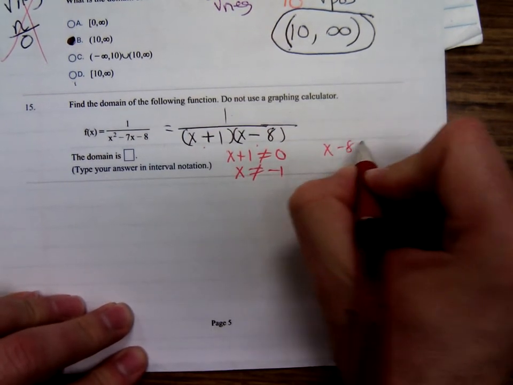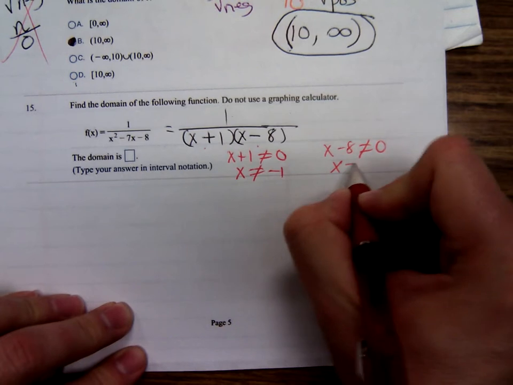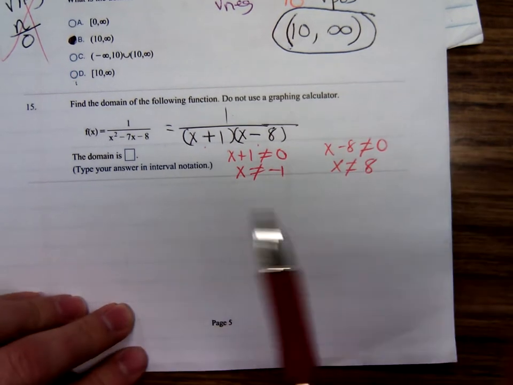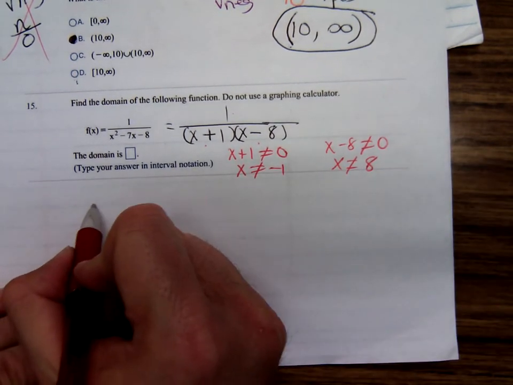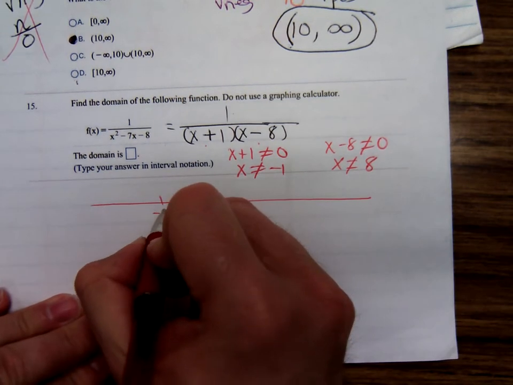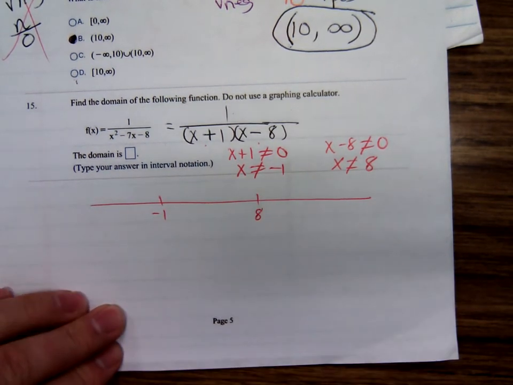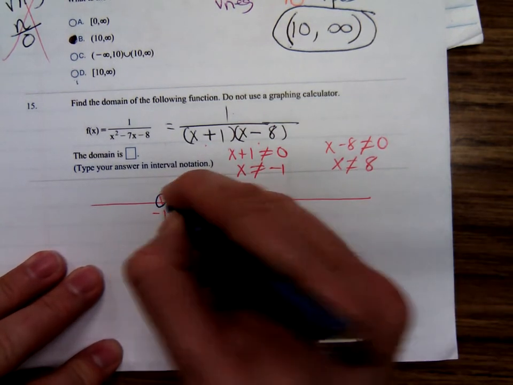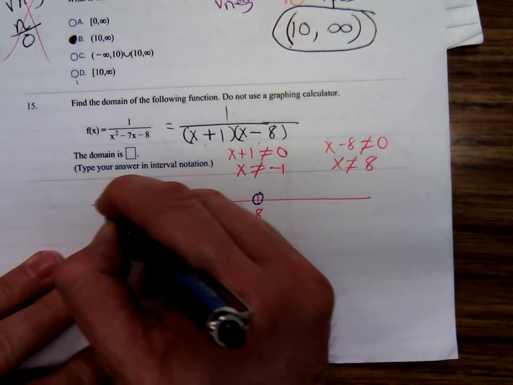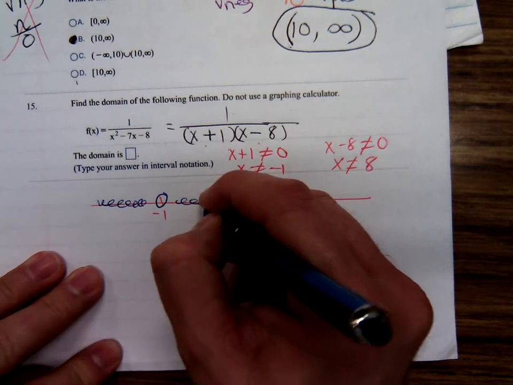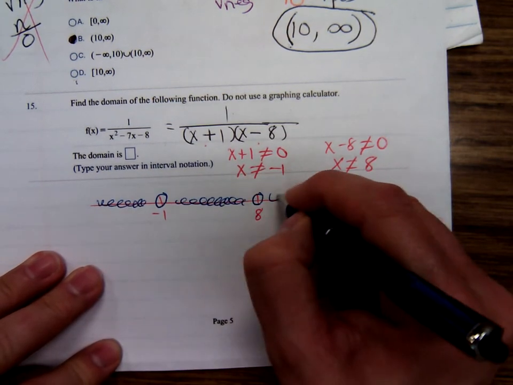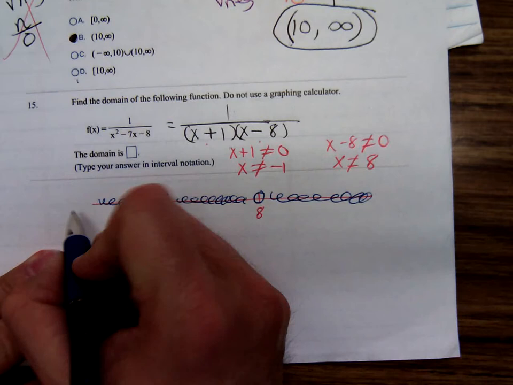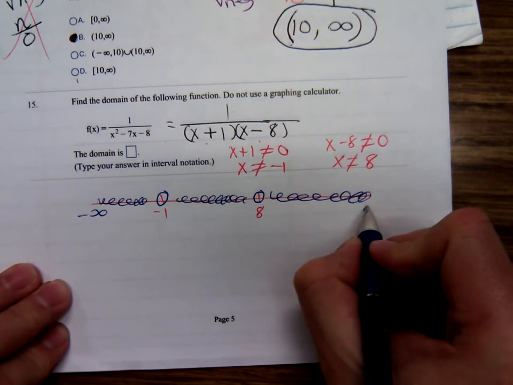Not multiple choice, so you're going to have to type in all that interval. You want everything except those numbers. Are there going to be any brackets in this? No. So for the interval notation, you have to type it in.